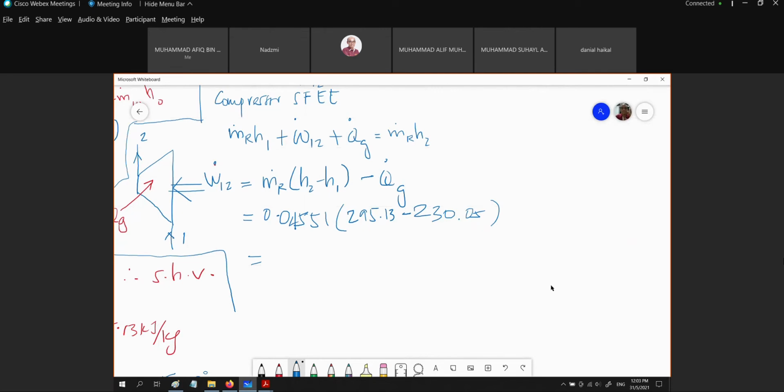Okay, how much? Oh, sorry. I left one thing, this one. This is 450 divided by 1000. Forgot to put the Q dot G. The Q dot G, the heat gain, is 450, right?